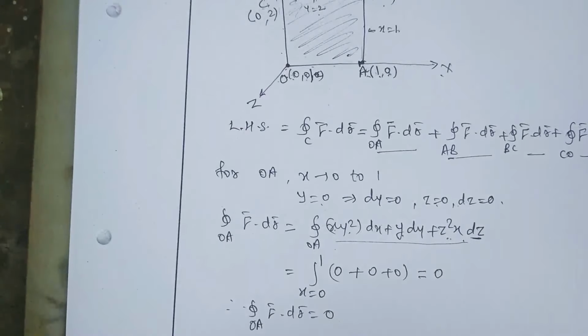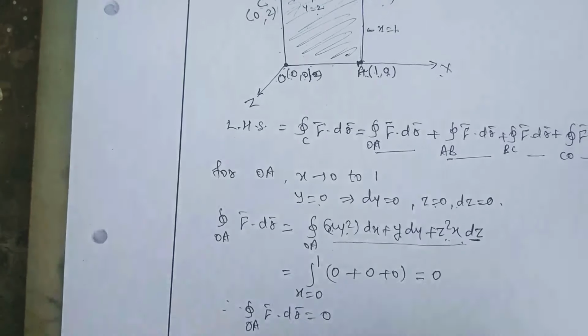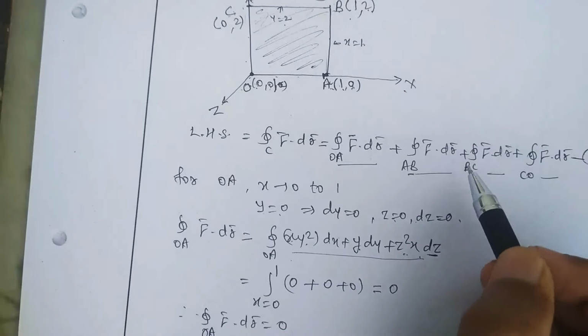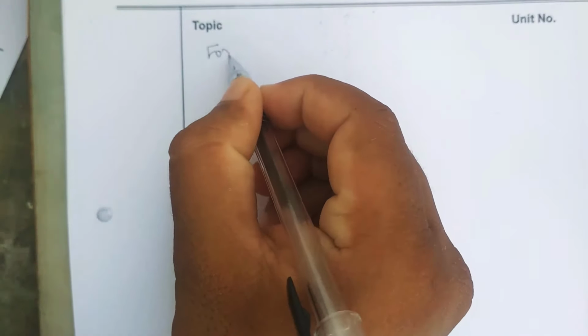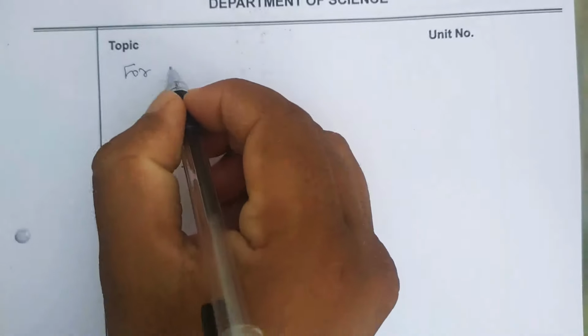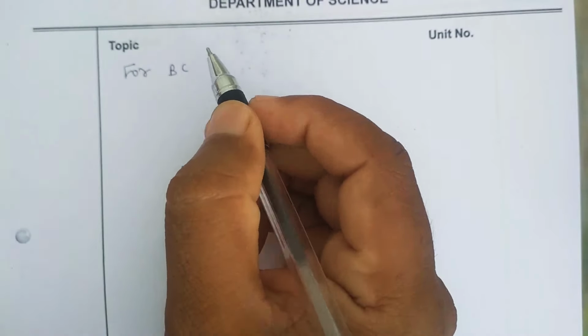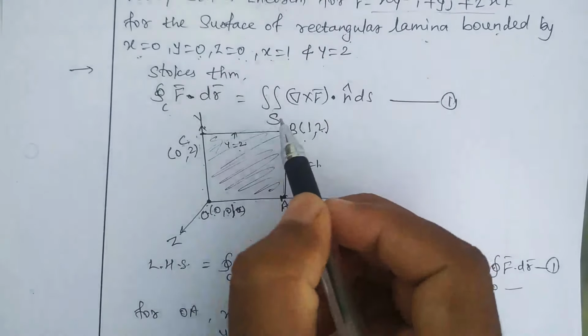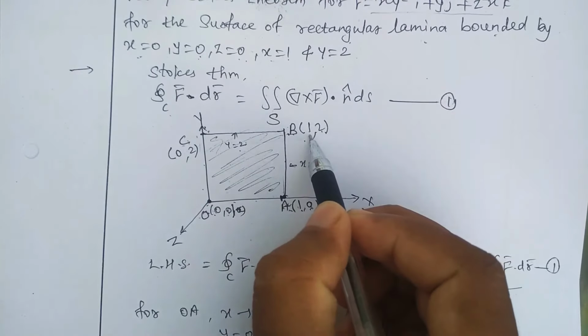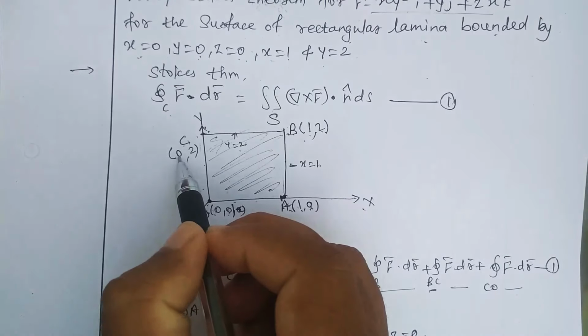Now next we require the third line integral over the line BC. See, for the line BC, here the value of x is 1, here the value of x is 0.